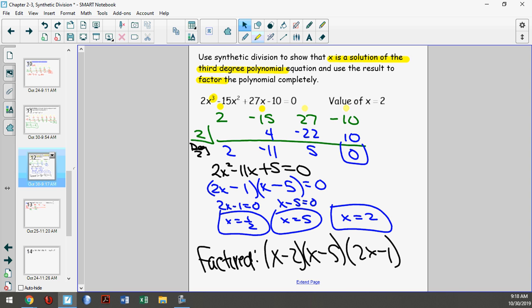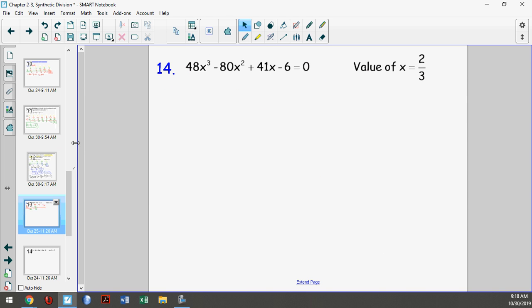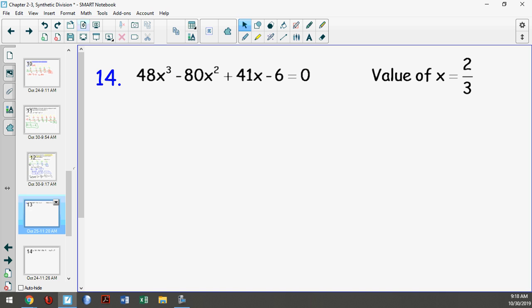Would you like to do a homework problem? Okay, this is number 14. It is easier to just have the calculator out so that you do not make mistakes, because this is all numerical analysis.